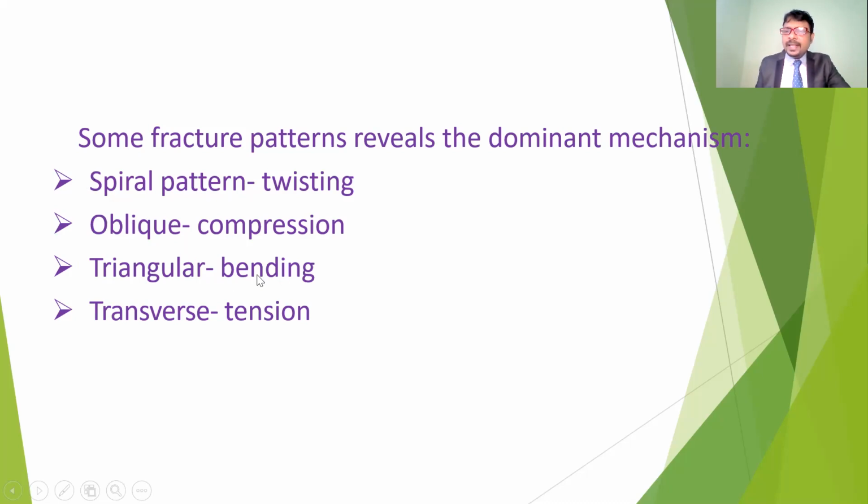In case of a bending force, we'll get a triangular fragment. And with tension, because of tightness or pull, we get only transverse fractures. So depending upon the mechanism of injury, the pattern of the bone fragments will be different. If we know the mechanism, we can suspect and predict the type of fracture pattern.